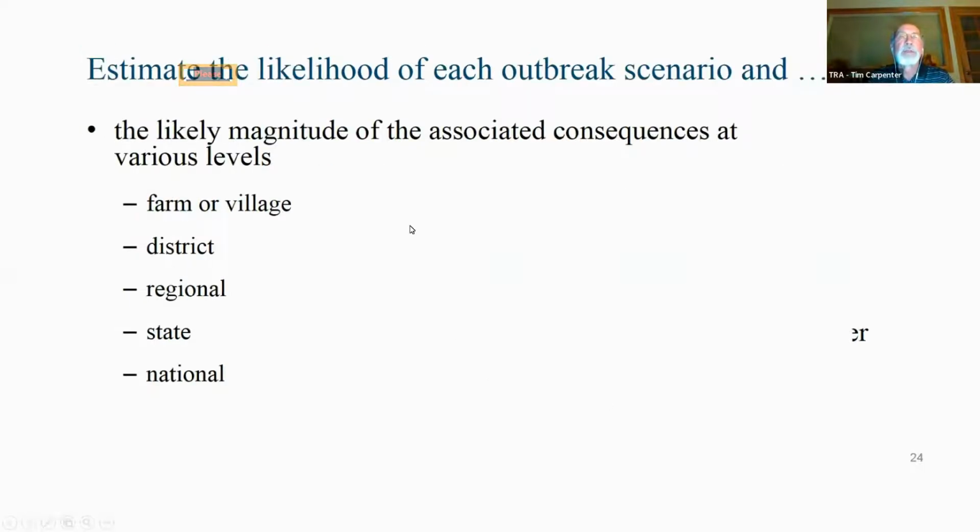So again, looking at the consequence, we're looking at expanding from various levels, either at the farm, at the pen level, all the way up to the national level, and assessing the consequence of each of these spread events occurring.